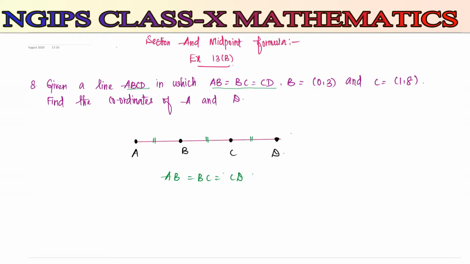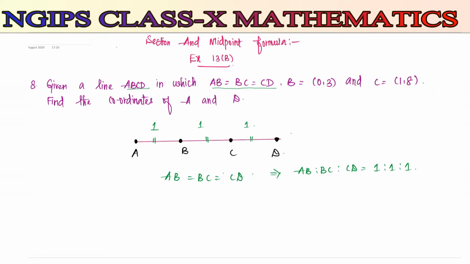It means all the ratios are equal to 1, so AB is to BC is to CD is 1 is to 1 is to 1. Then only we can say we have equal lengths between the points.